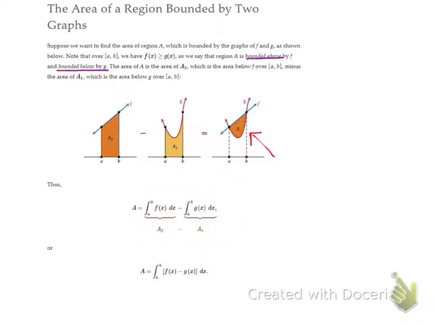Now we can condense that, kind of using the rule we just talked about, but in reverse, and put this into one single integral if we want to. So basically you just take the integral of whichever function's on top minus the function on the bottom. And your limits of integration, lowercase a, lowercase b, will be these boundary points.